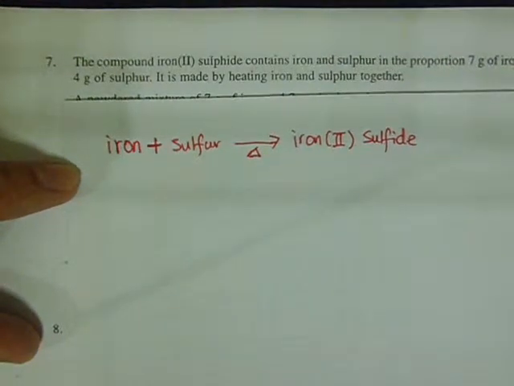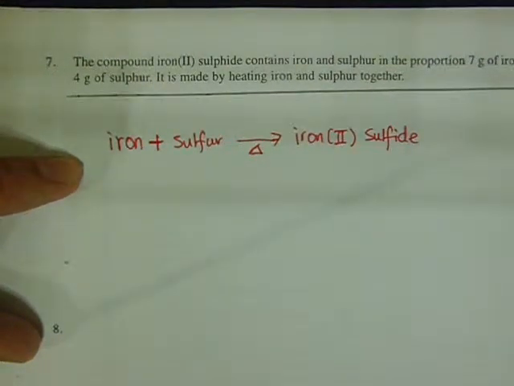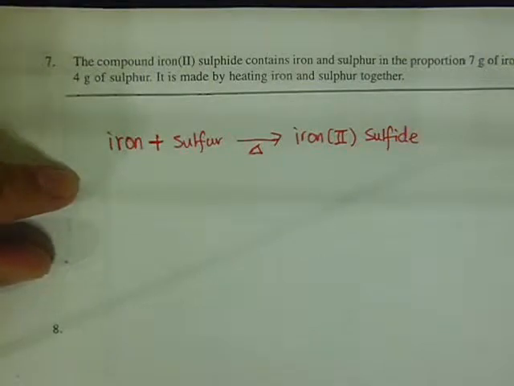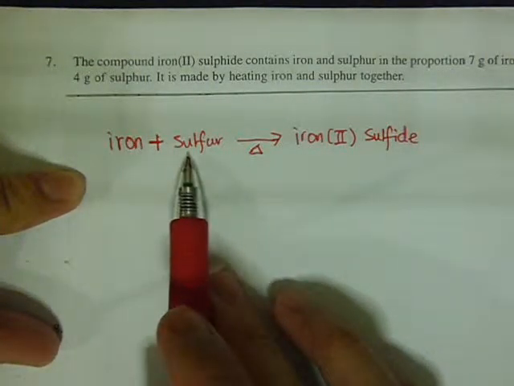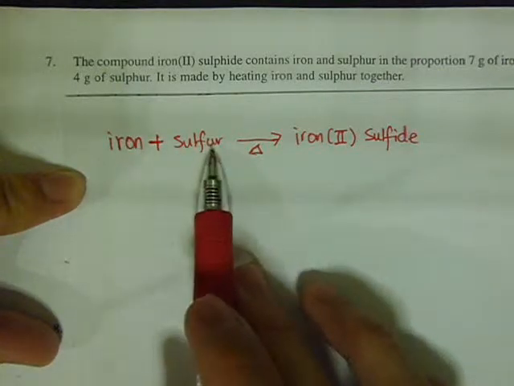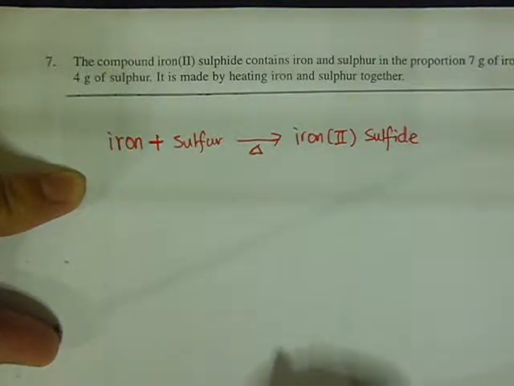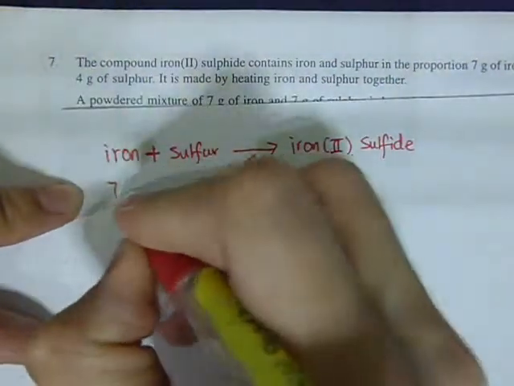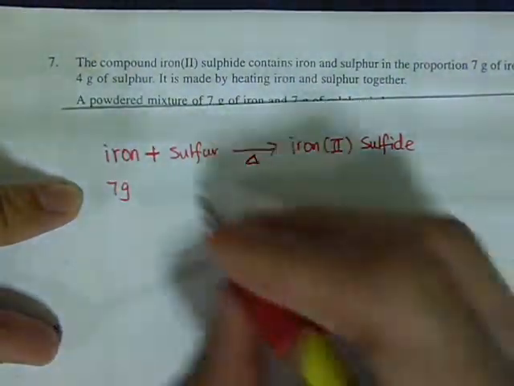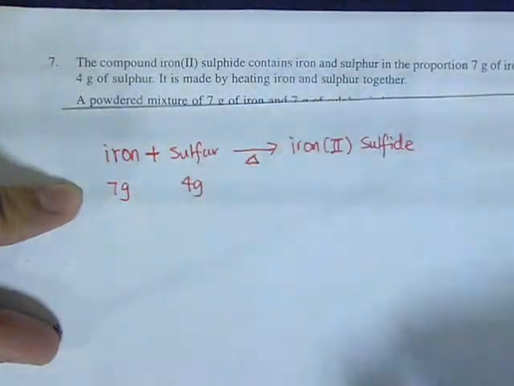This is a word equation. You don't have to worry about the chemical equation because the question doesn't ask you to write down the chemical equation. And then the proportion of iron and sulfur in iron sulfide would be 7 gram of iron. So you have 7 gram of iron, it will combine with 4 gram of sulfur.